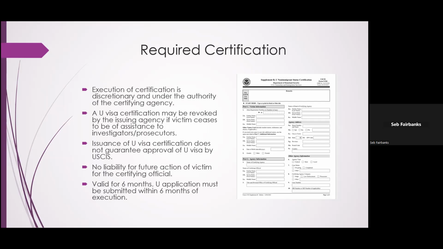The certification can be revoked by the issuing agency if the victim does not cooperate anymore in the investigation. It does not guarantee the approval of the U visa. This is only the first requirement for an applicant to apply for the U visa, and it's only valid for 6 months. Once we have the certification signed, we have to get the U visa application together before the certification expires.